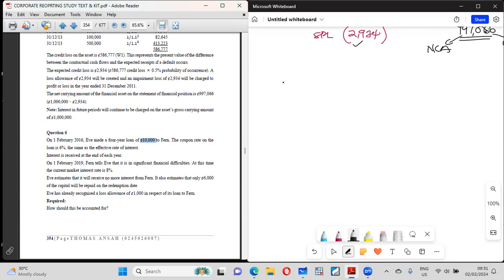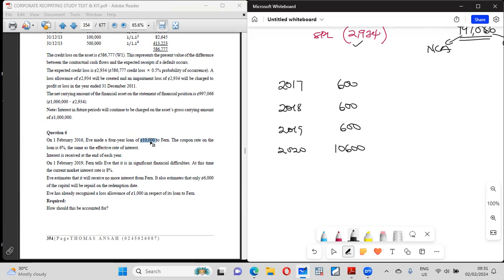So by the end of January 2017, then January 2018, then January 2019, then lastly January 2020, that's the financial year-end period, they are supposed to be receiving interest of 600 each year. Then at the end they will receive the 10,000 and the 600, so that makes it 10,600.